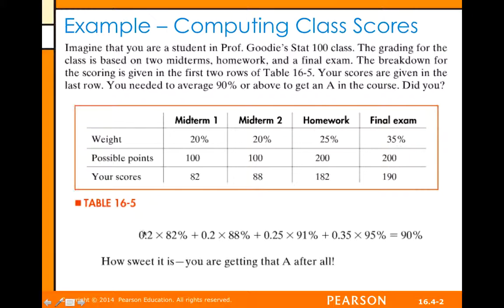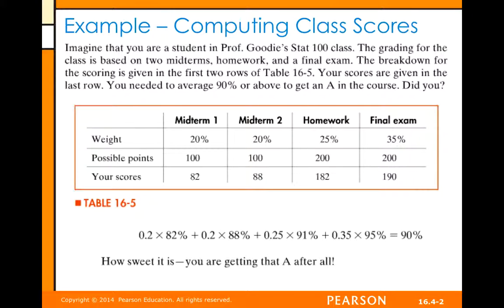0.2 is 20%. So this 82 score is 20% of your grade, so 20% times 82. And then this 88% is 20% of your grade. Then this 91% is 25% of your grade. And finally this 95% is 35% of your grade.